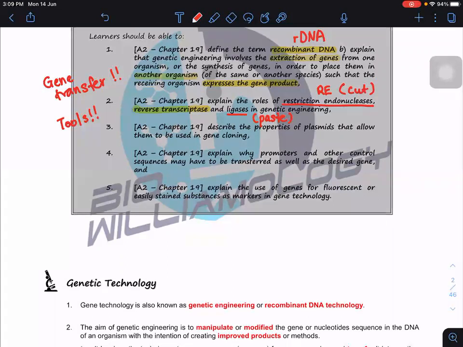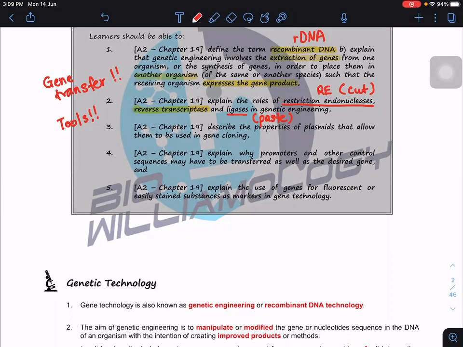Now, if we take the human gene and want to paste it in the bacteria, then we need someone to transport it. For example, we learned in infectious disease, malaria: someone has to transfer the Plasmodium, the Anopheles mosquito.